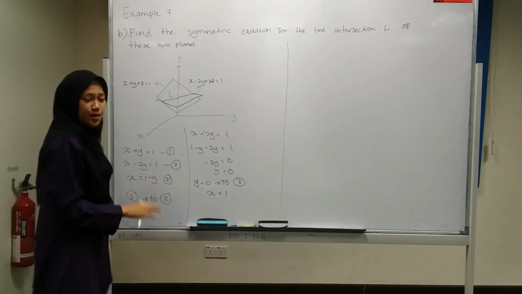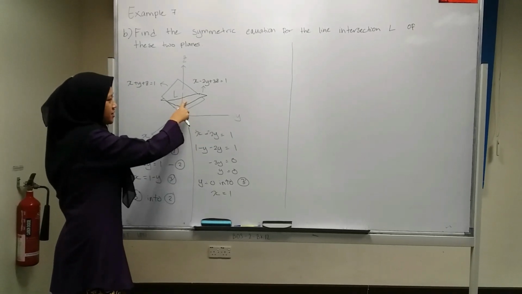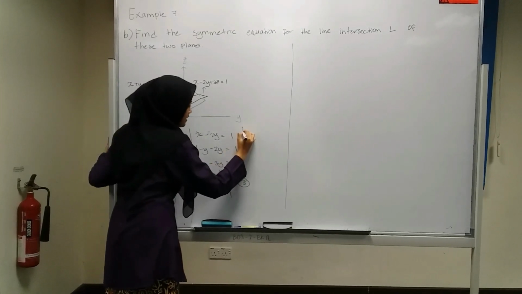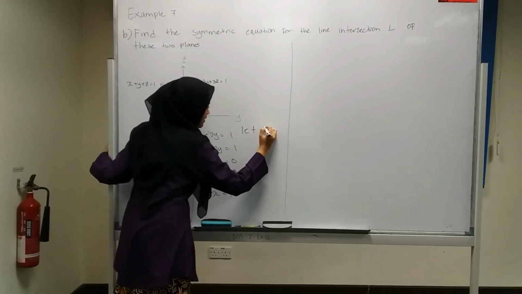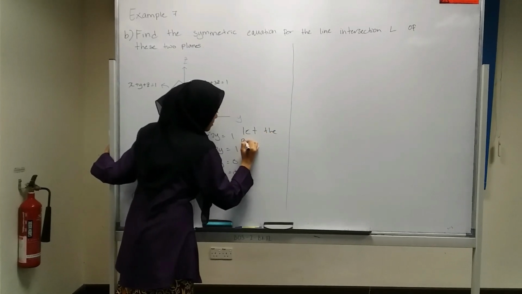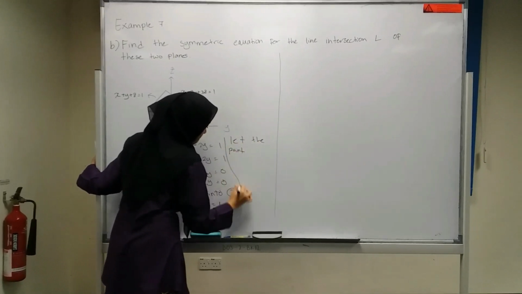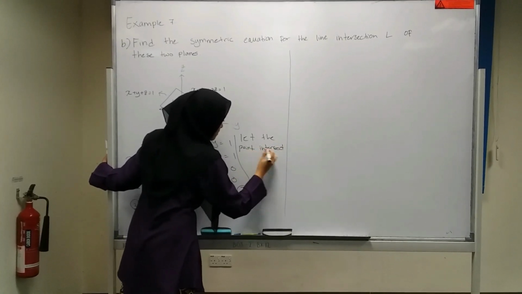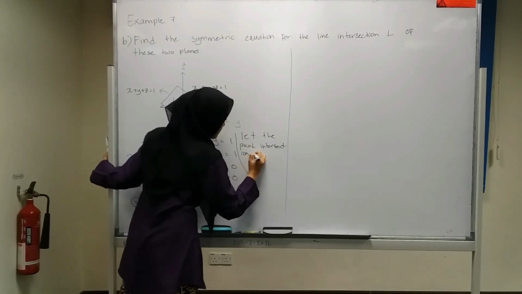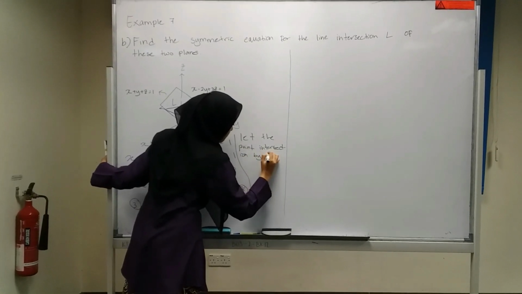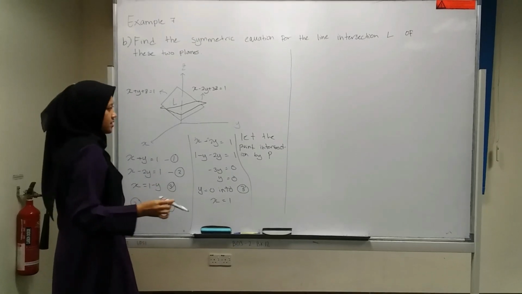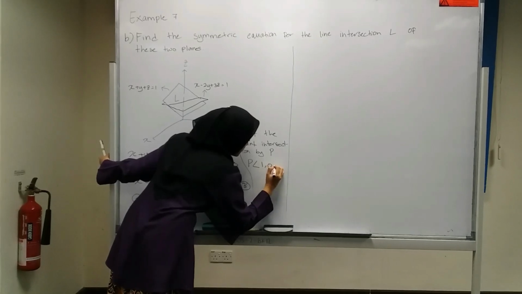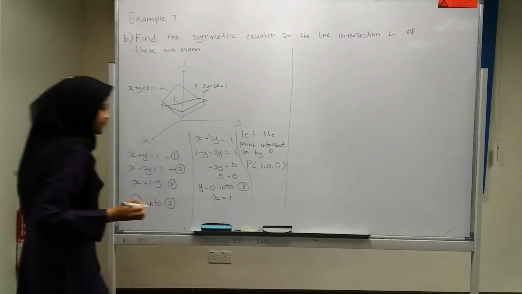Okay, so now we let the point on the line of intersection L be P. So we get the point P (1, 0, 0).